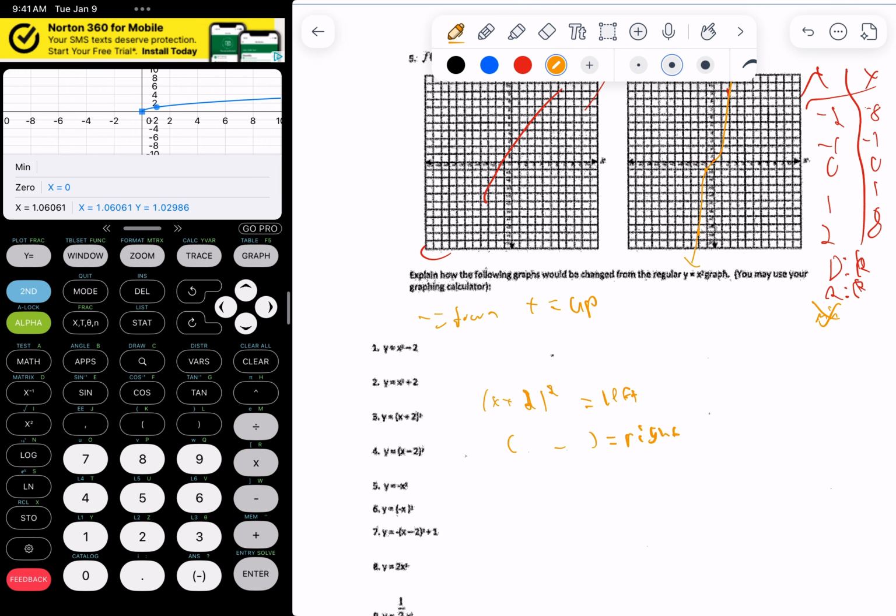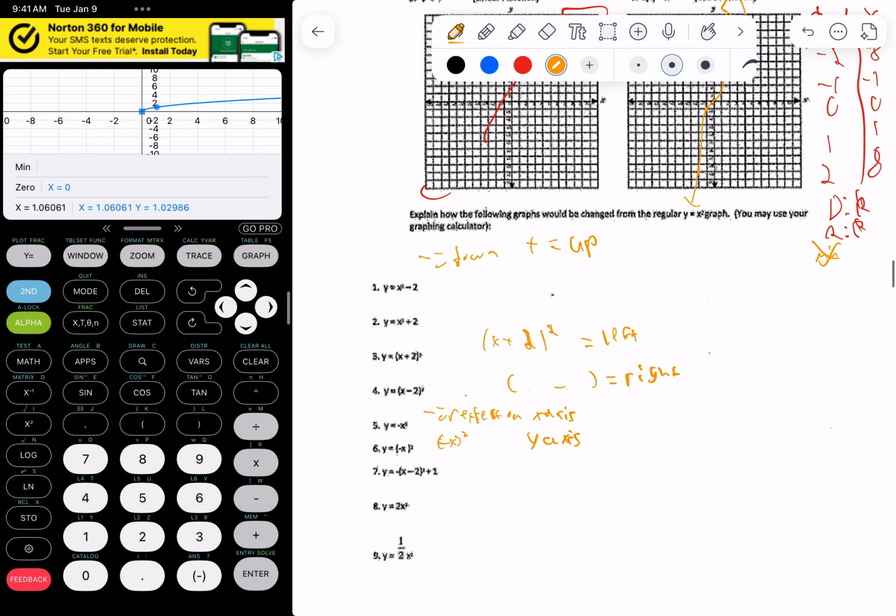And when it's negative, it means reflect on the x-axis, and negative inside the parentheses with the square outside of it means reflect on the y-axis.